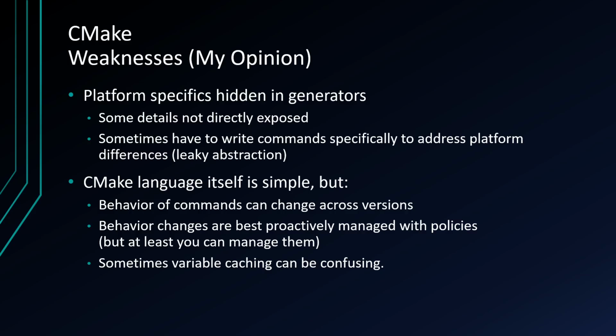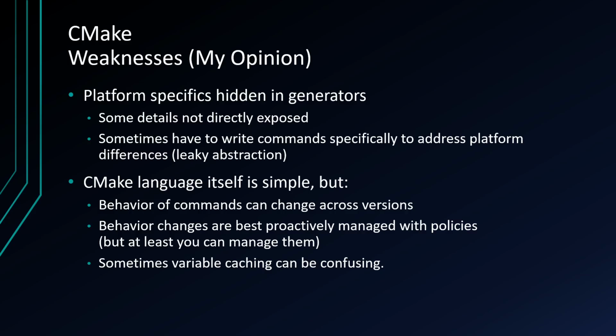And sometimes you have to write commands specifically to address platform differences, which just means that the abstraction is a little bit leaky. Particularly, shared libraries still work differently between Windows and Linux. So sometimes you have to do a little bit of, if Linux, do this particular thing for my shared library.